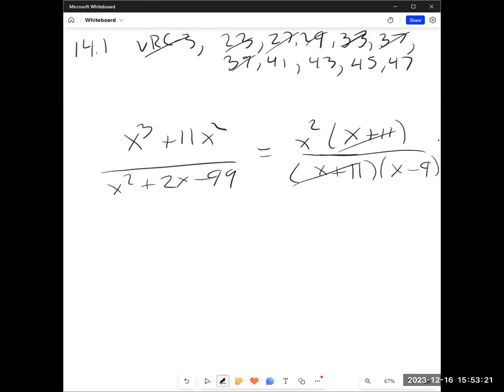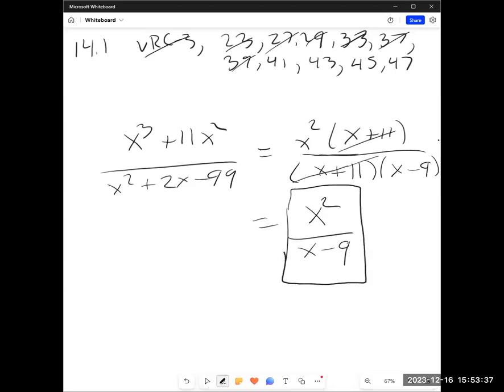The x plus 11s will cancel and leave me with x squared over x minus 9. Right. Just a few more problems here.